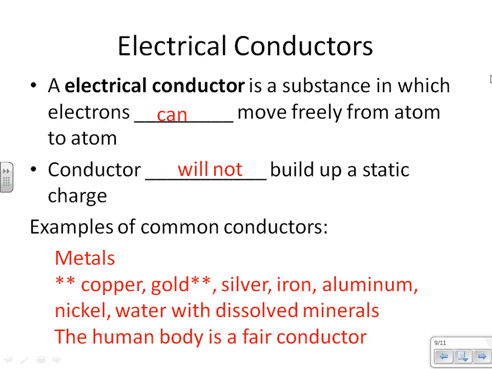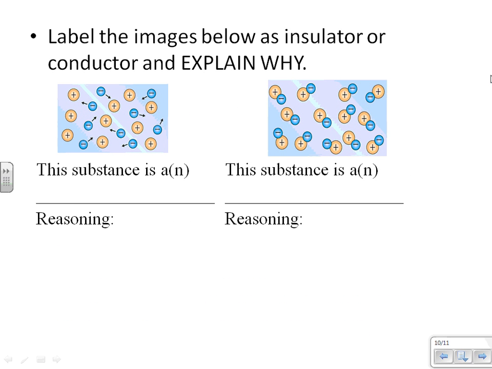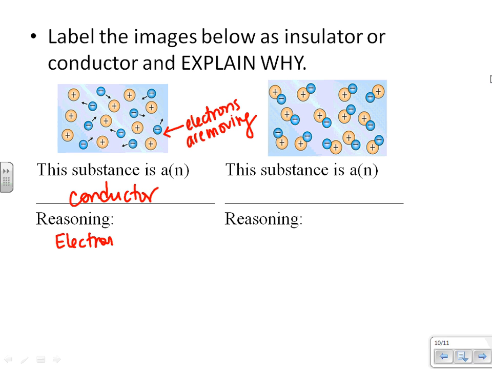So here, you have to see the electrons are moving. So your definition of a substance where electrons can move through is a conductor. Reasoning, again, your electrons can move freely through the material.